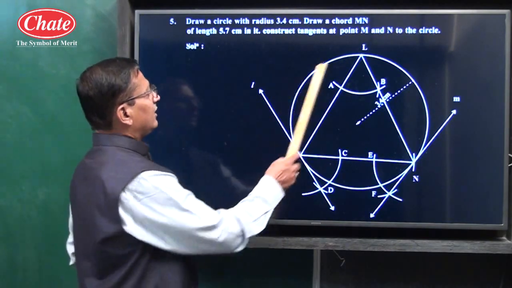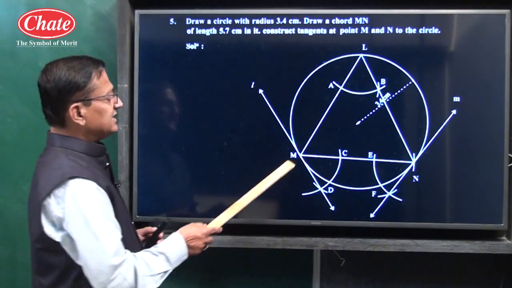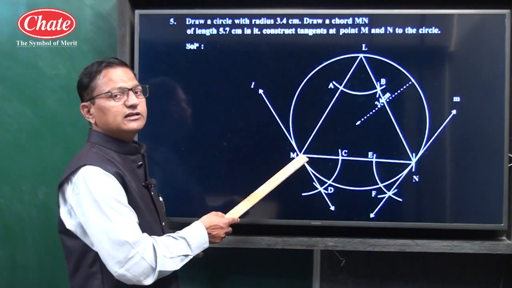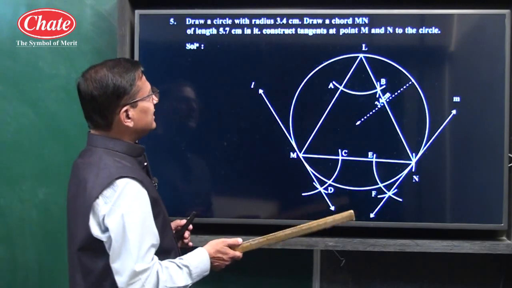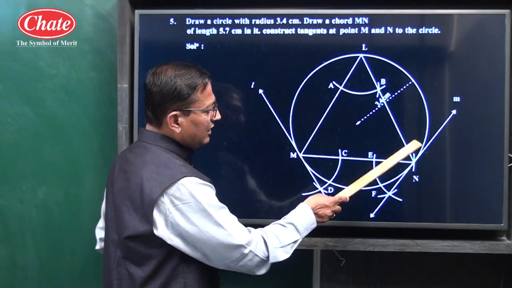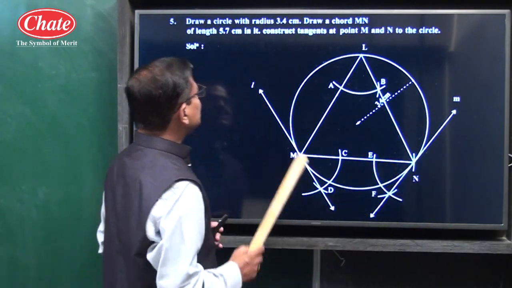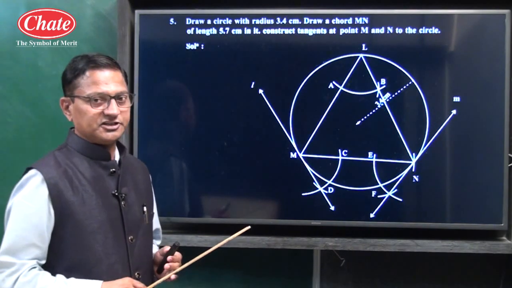First, draw a circle with radius 3.4 cm. By using a compass, take any point M on the circle. By using the compass, take a distance of 5.7 centimeter and draw an arc. Join MN. This segment is of length 5.7 centimeter.